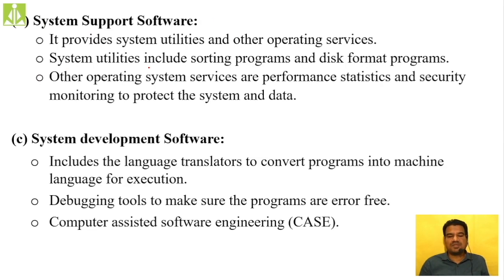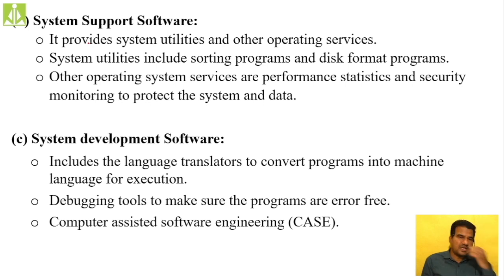Then we have system support software. It provides utilities and other operating system services. So what do these utilities mean? Sometimes you want to sort some kind of numbers, so sorting programs. Then operating system services: suppose you have a disk with you and you want to format the disk, so what application do you use?